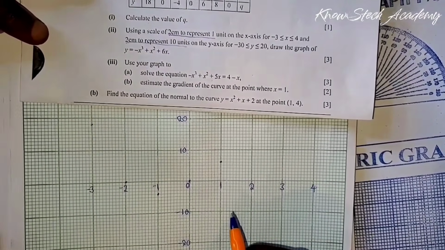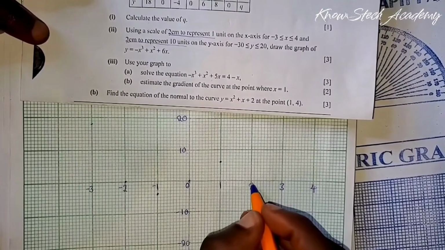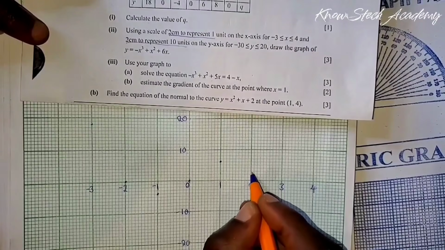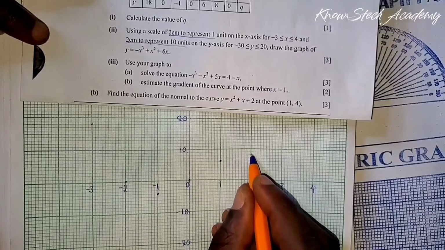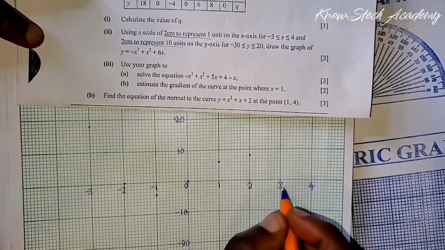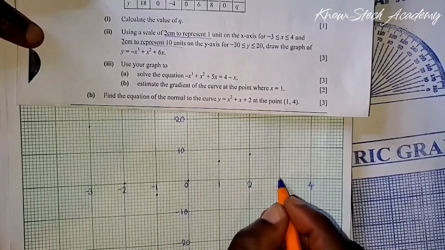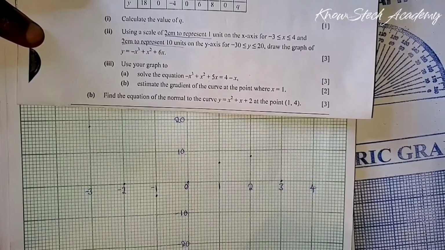Okay. Next is 2, comma 8. 2 is here. 1, 2, 3, 4, 5, 6, 7, 8 here. All right. Next is 3, comma 0. 3, comma 0 is just right here where 3 is. See, the shape is forming.